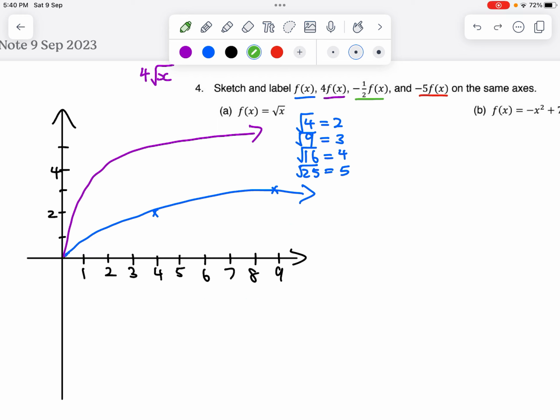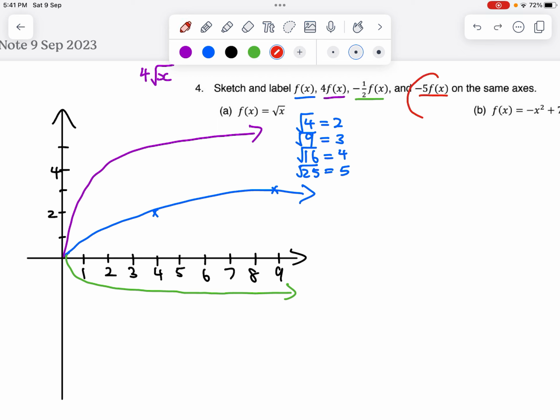Now I know that we said that since it's a square root, it cannot be negative, but we have the negative sign, so it doesn't matter if this cannot be negative. It has a negative sign, so then we can flip it over. So it would look something like that, around halfway of the regular function.